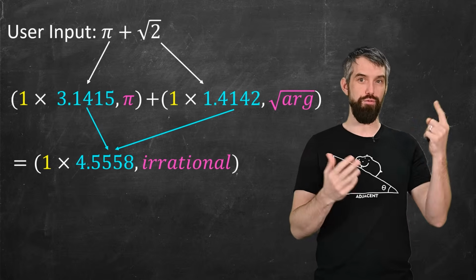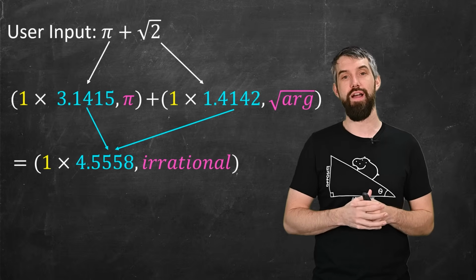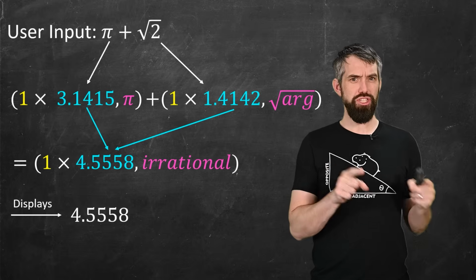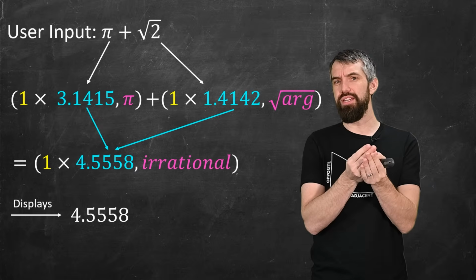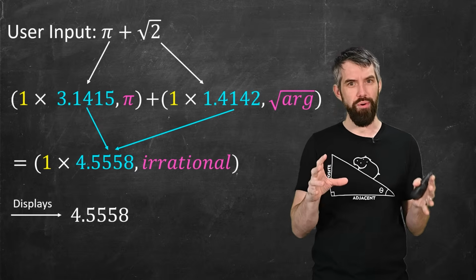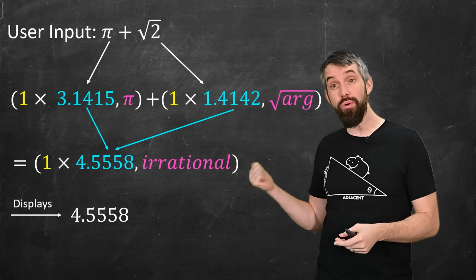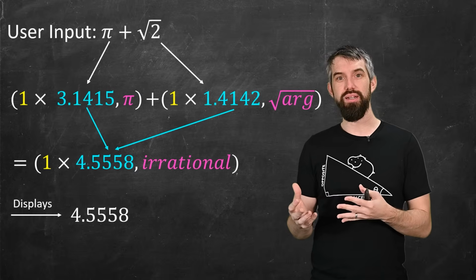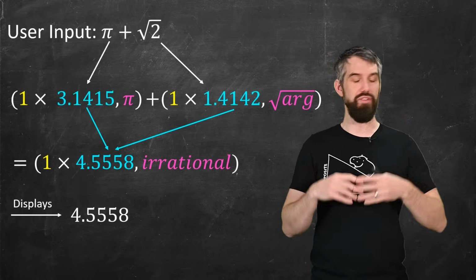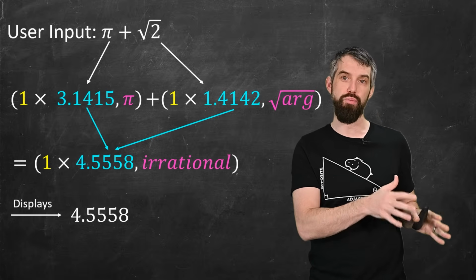It does that and gets, say, 4.5558, and to the user will output just that 4.5558. It also changes the property flag. Pi and square root, they don't combine to be like a known enumerated thing, property that we've identified. So it gives a more general property, just as it says an irrational number. The irrational number part lets us, the calculator, know that if it needs to use this, it's going to use the recursive real part of it, not the rational part, which is just 1.